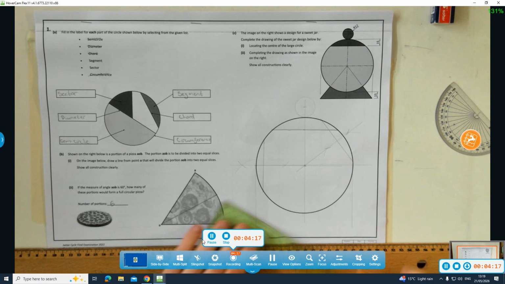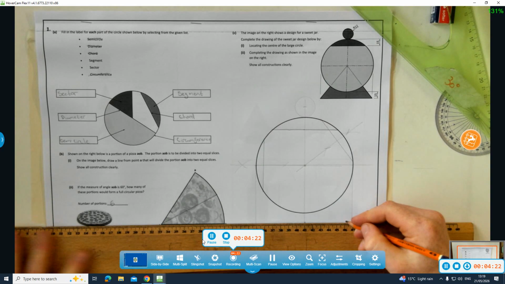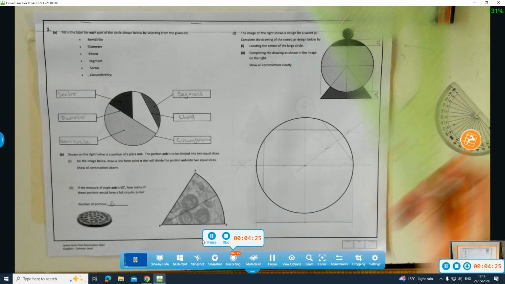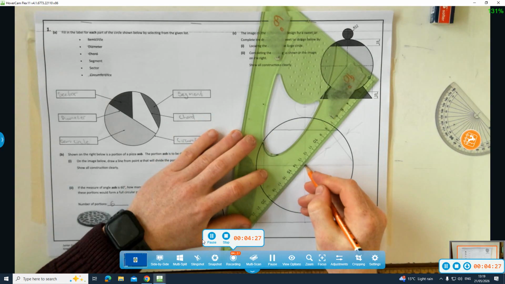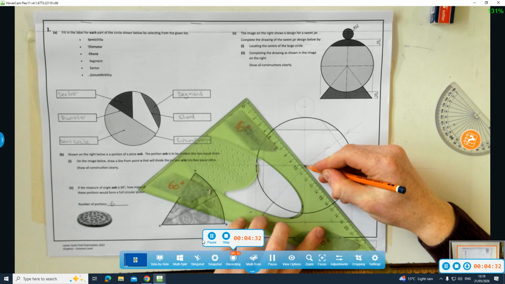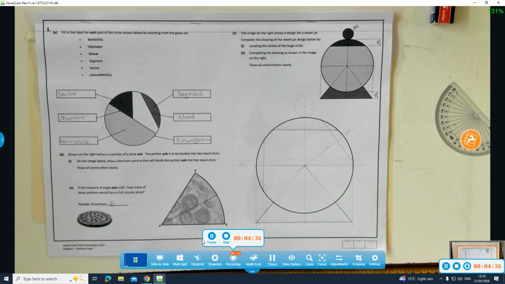And from the bottom of the circle, it's measured down 15. And these get joined up to the center there. So that's question 1, 2022.